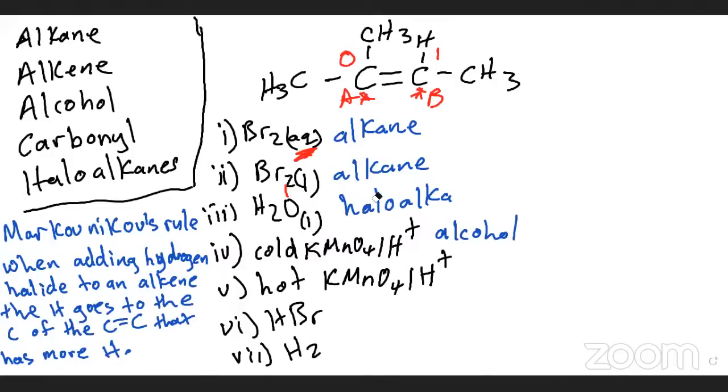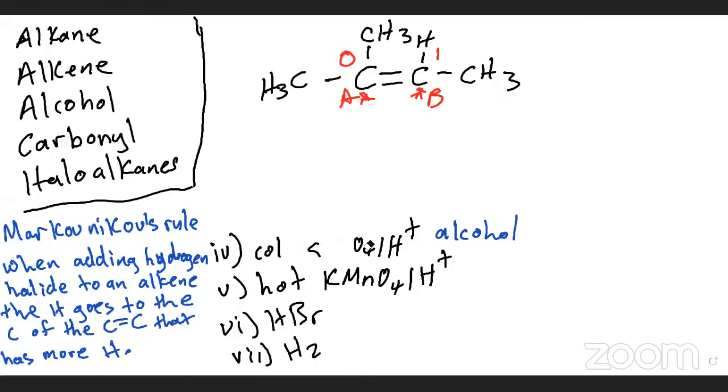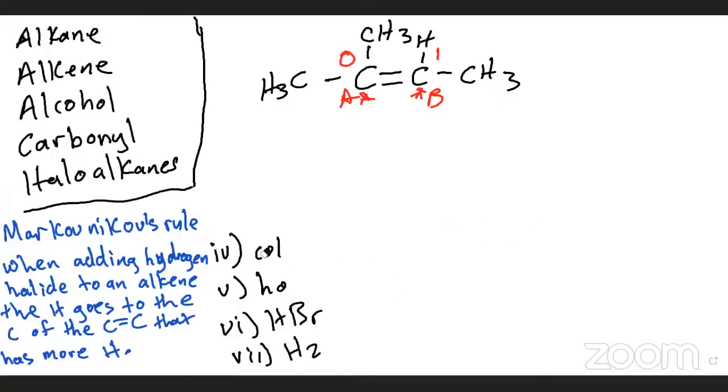When you use hot potassium permanganate, does anybody know what happens? So you're going to get a ketone? You don't always get a ketone. You could also get a carboxylic acid. All right. So the first thing I want you to do, if you get the alkene and you are going to react it with hot potassium permanganate.